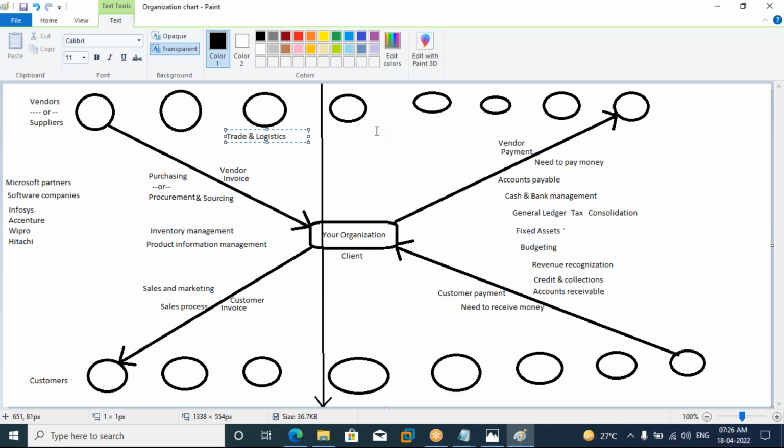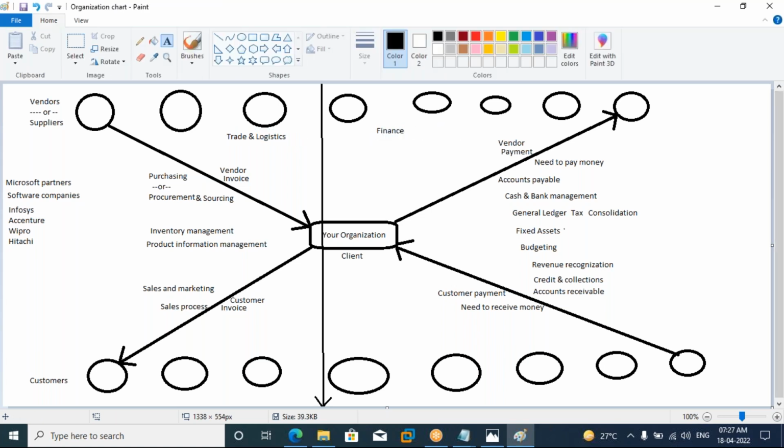And the right side is finance. So left side it is trade and logistics, right side it is finance.